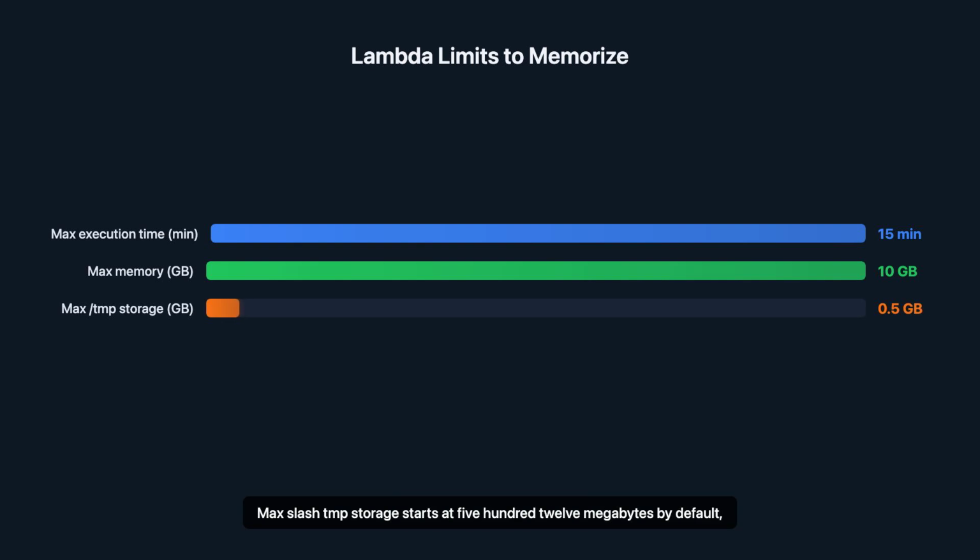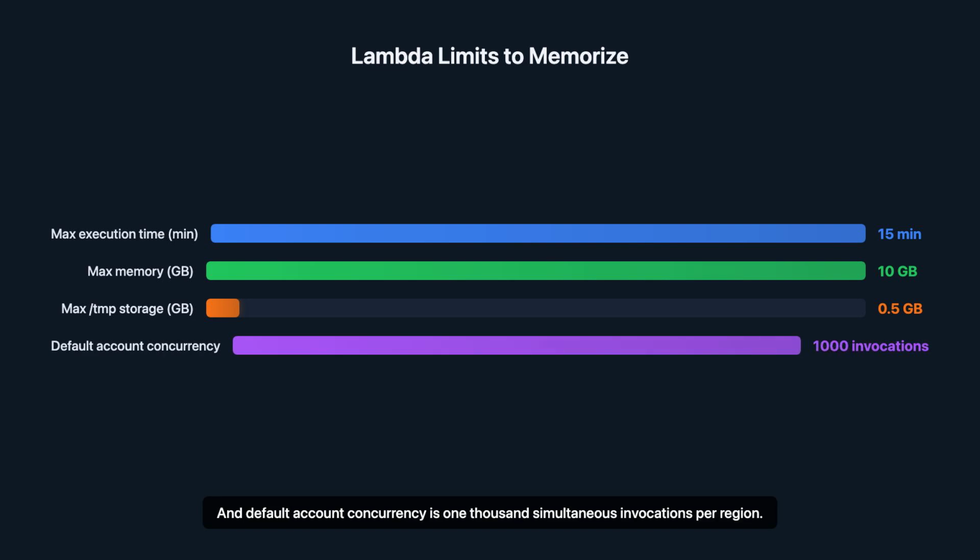Max /tmp storage starts at 512 megabytes by default, and you can raise the /tmp directory up to 10 gigabytes if you pay for it. Max container image size is also 10 gigabytes, which is what you get when you package Lambda as a container instead of a zip. And default account concurrency is 1,000 simultaneous invocations per region. Those 5 numbers cover almost every Lambda limit question.